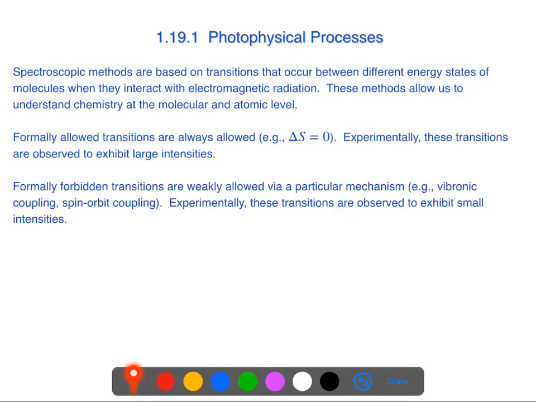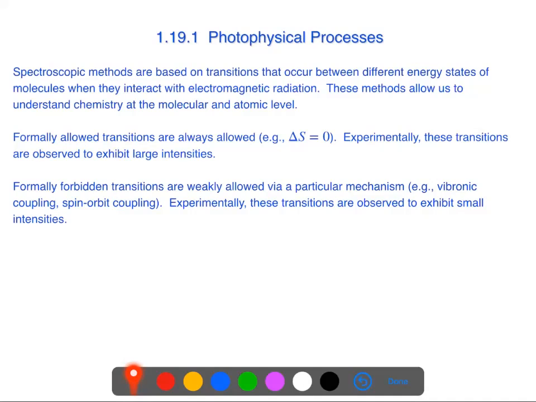What this means from our earlier discussion is that transitions between states of similar multiplicity, that is, singlet to singlet or triplet to triplet, are always allowed. However, transitions between states of different multiplicity, i.e. singlet to triplet or triplet to singlet, are formally forbidden transitions.